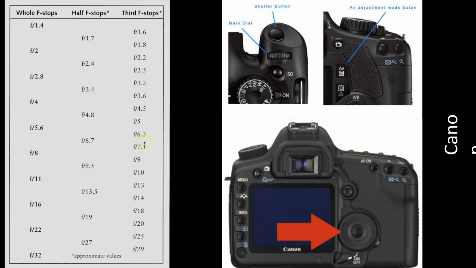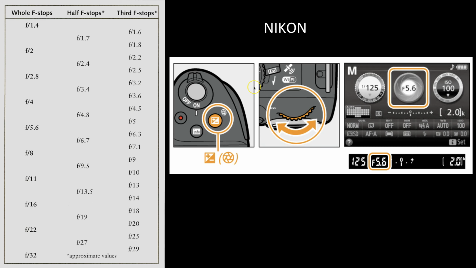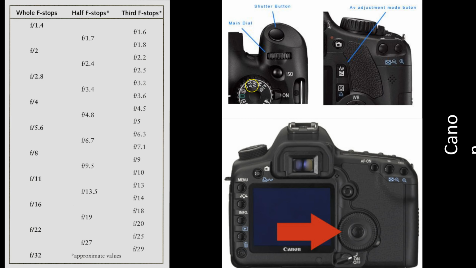So when you're shooting, and this is a Canon camera that we're looking at, and forgive me for my formatting there, it says AV, that's aperture priority. This is what I want you to be shooting on when you're shooting. When you're in manual mode, you have this AV button here that when you press that and then move your main dial, that will change your aperture.